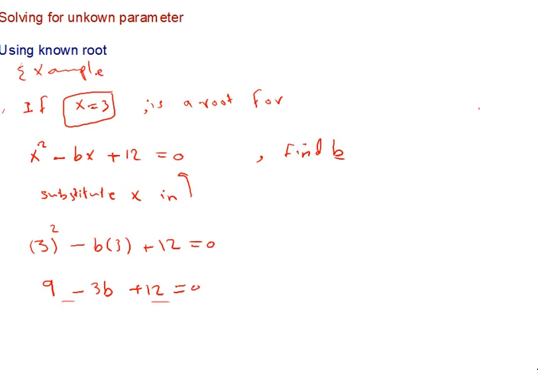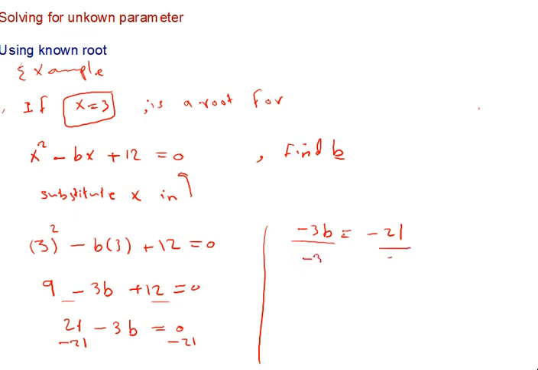Now 12 plus 9 equals 21, minus 3b equals 0. So minus 21 from both sides, this means minus 3b equals minus 21. Let's divide by minus 3 on both sides of the equation. B equals 7.